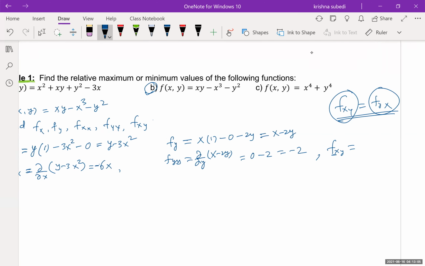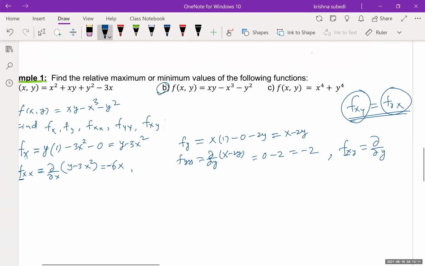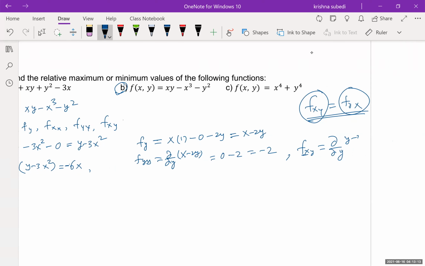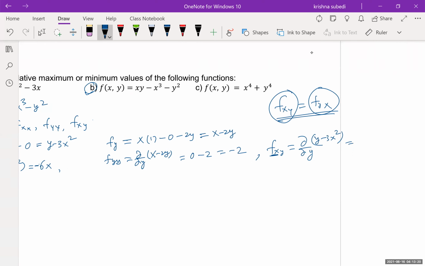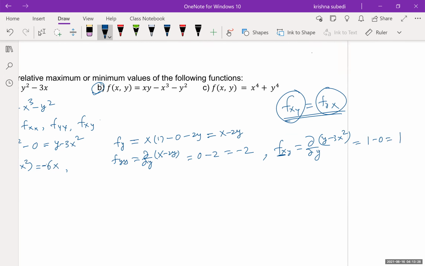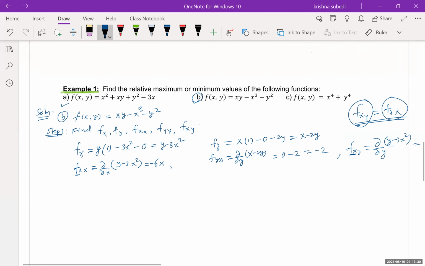What it means is we have f sub x, which is y minus 3x squared, and we want to differentiate that function with respect to y. So we're going to get 1 minus 0, it's simply 1. Okay, so we got all of these first order and second order derivatives.